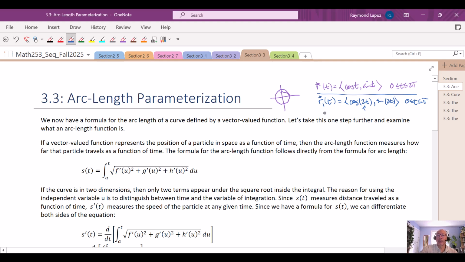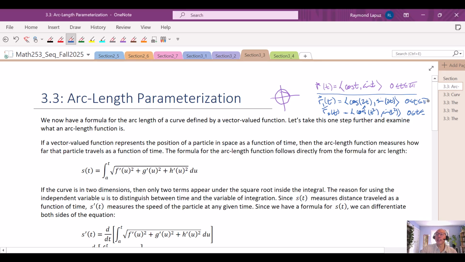We can put like r2 of t is equal to cosine t squared, sine t squared. And so if we want to draw the circle just one time, well, we can go from 0 to whatever makes this t squared equal to 2 pi.